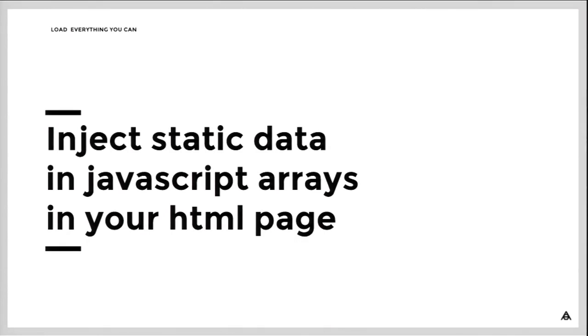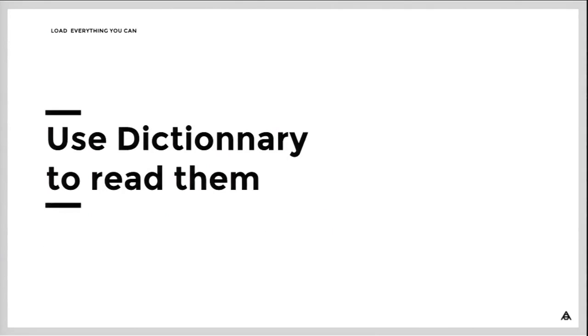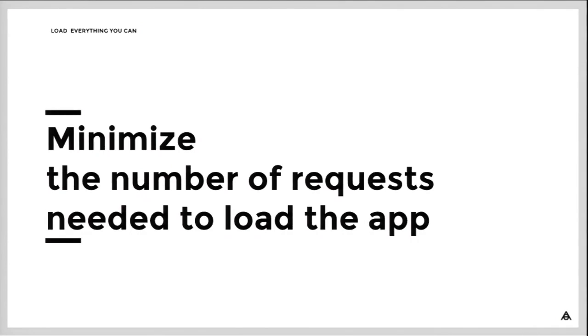So the best is to inject static data in JavaScript arrays in your HTML page. And to read these big JavaScript arrays, we use the Dictionary class. It's a class included in GWT that allows you to read this kind of JavaScript array. That will minimize the number of requests needed to load the application, and that will decrease the time to load your application.